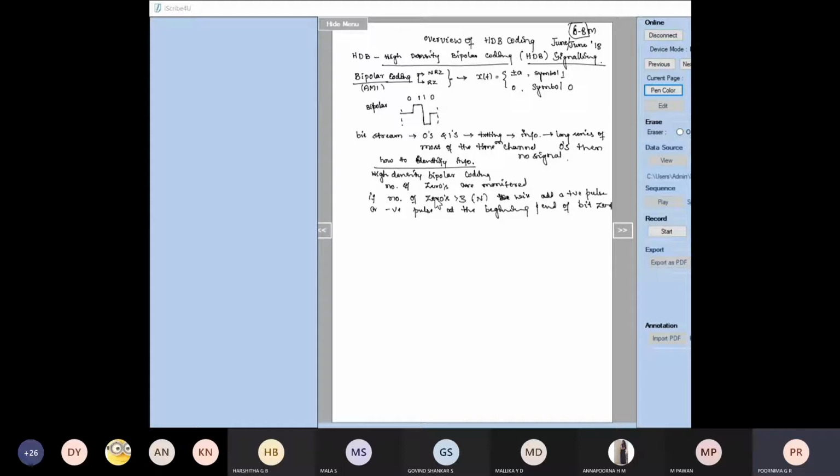This is what we'll be doing in this signaling scheme. Another problem why we have gone for this type of high density bipolar coding is that whenever zeros are continuously transmitted over a long sequence, synchronization will become a problem.